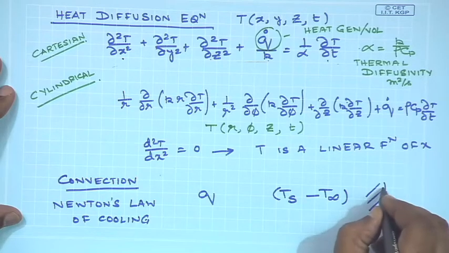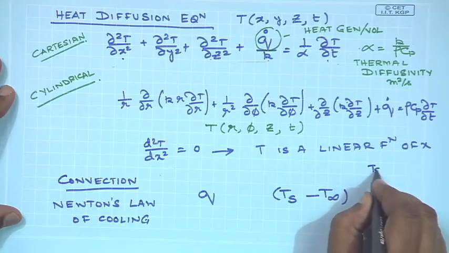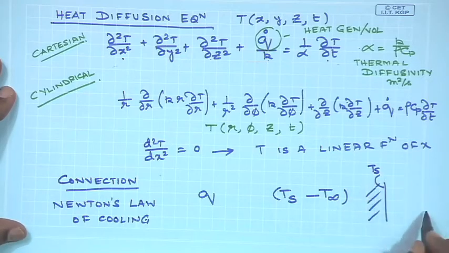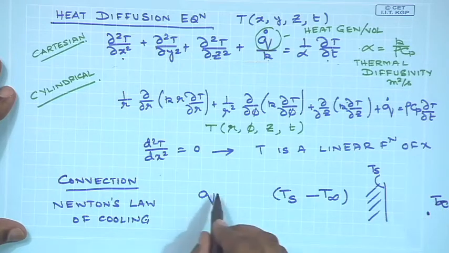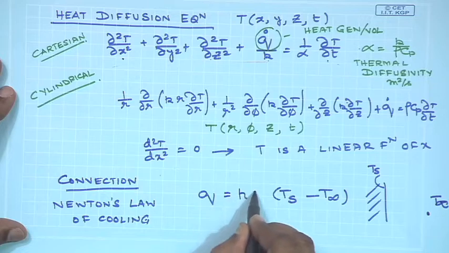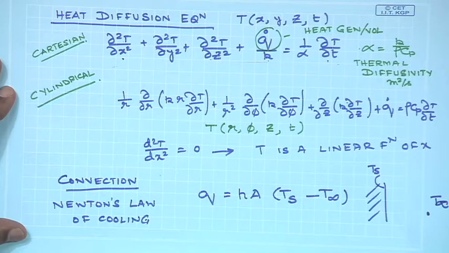So, if this is the solid and the temperature on the solid side of the interface is T s, and let us say the temperature of the fluid is T infinity at a distance far from it, then Q is equal to h times A times T s minus T infinity, where A is the area in contact with the fluid.